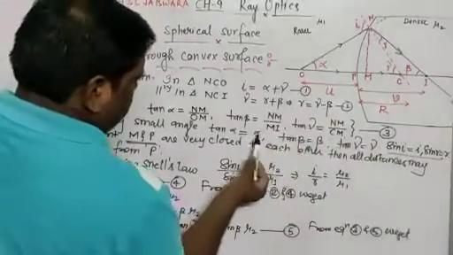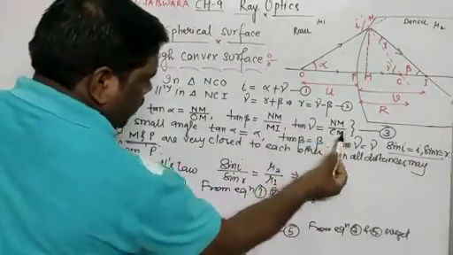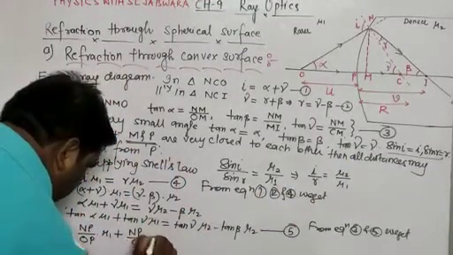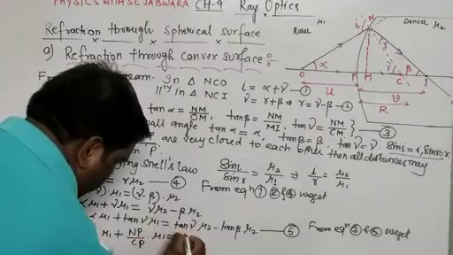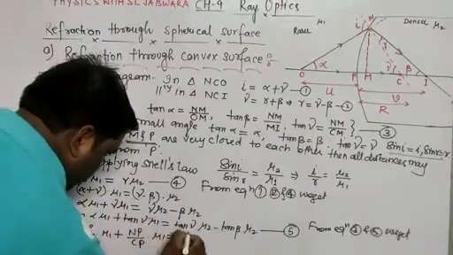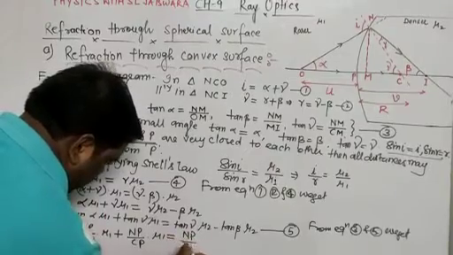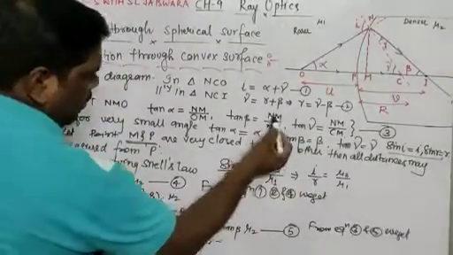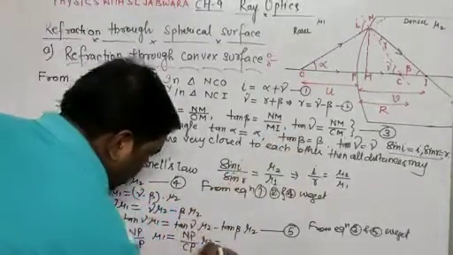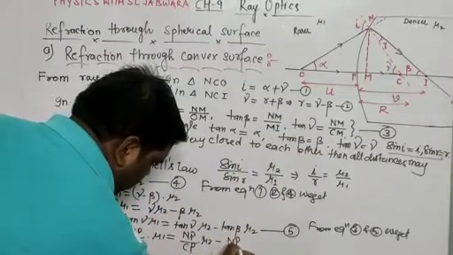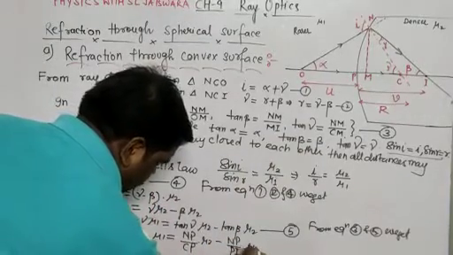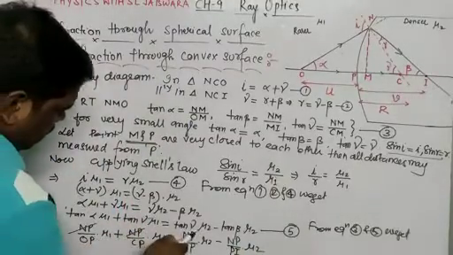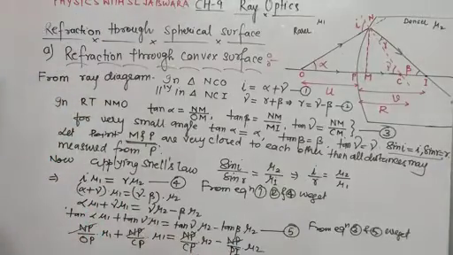Tangent of gamma means NP upon CP, this is mu1, is equal to tangent of gamma, NP upon CP mu2, minus tangent of beta, that is NP upon PI into mu2. See, in the numerator on both sides, this NP cancels out.